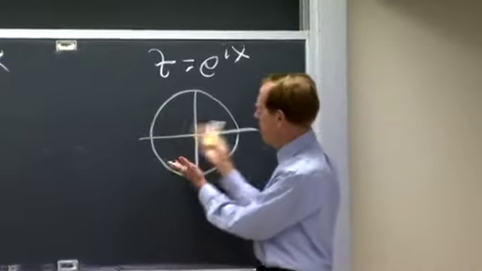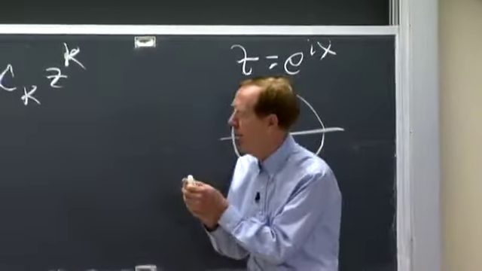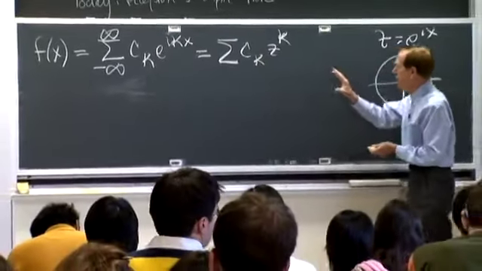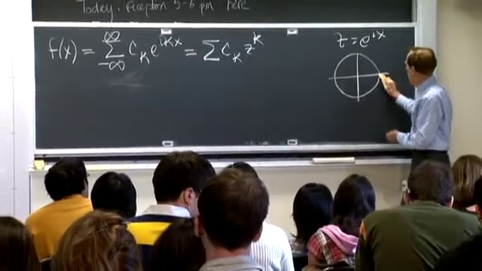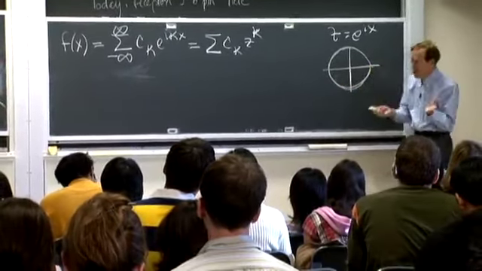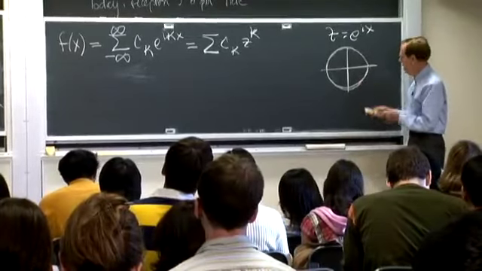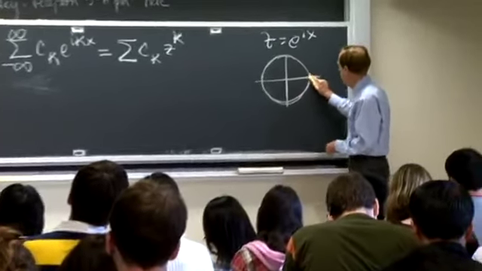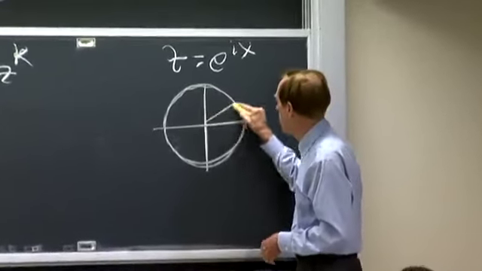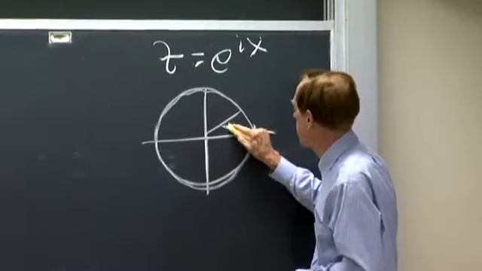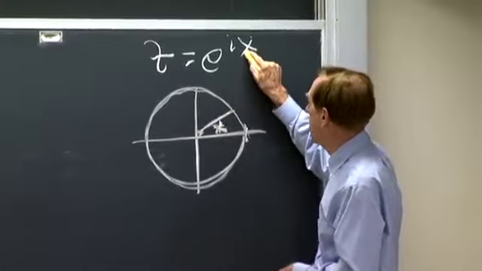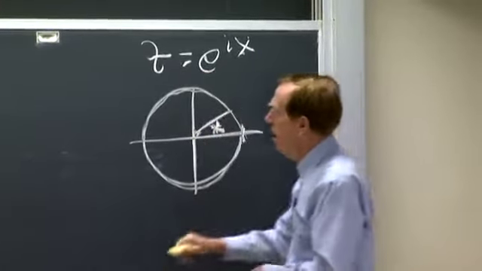And this is great for periodic functions, because if these functions have period 2 pi, and if we think of our function as being on the circle, it obviously has period 2 pi. The picture says, if I go 2 pi, I come back. So x is the angle here.